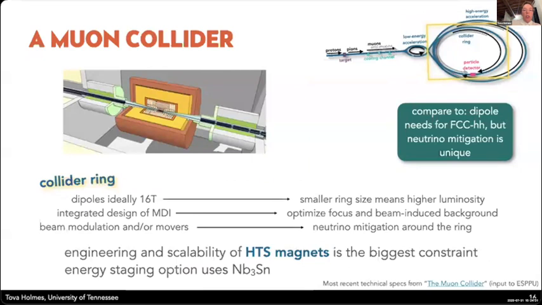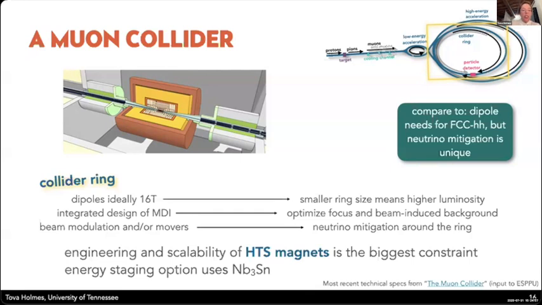And you also need some kind of strategy for mitigating the neutrino radiation around the ring, which in the IMCC designs involve both modulation of that beam as well as mechanically moving the setup on the scale of a couple times a day. So this requires a lot of engineering and scalability of HTS magnets if you do want to hit the 16 Tesla dipole, and that's the biggest constraint.